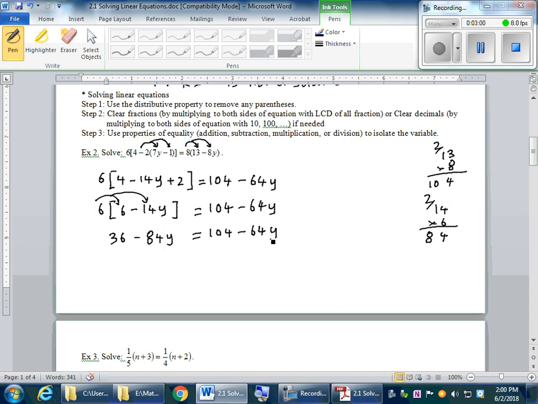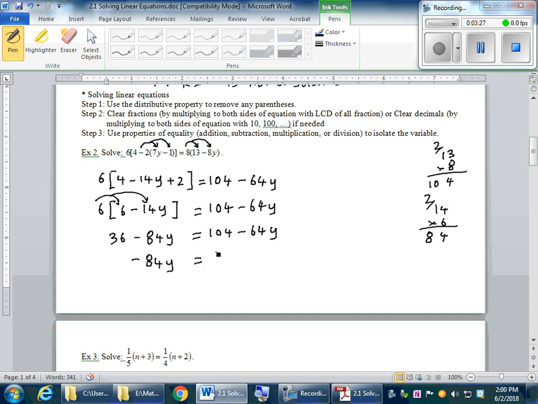So now basically you can isolate the variable by itself. That means we subtract 36 on both sides. If you subtract 36 on both sides, that will leave us with negative 84y is equal to 104 take away 36.